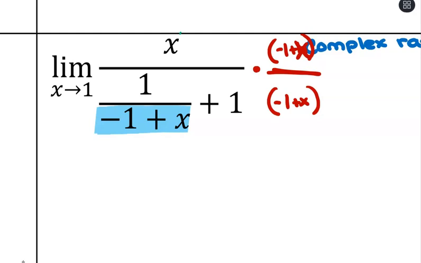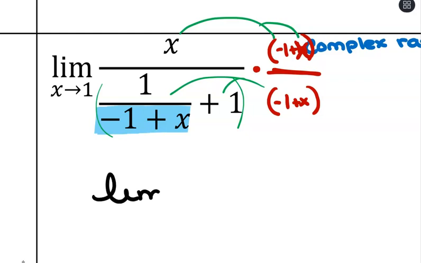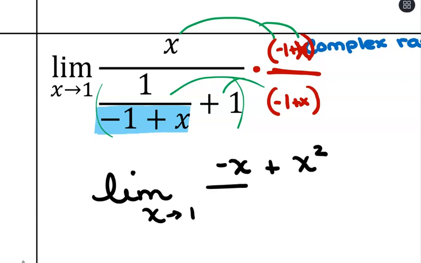So up in the numerator, we'll go ahead and distribute x into the parentheses there. And then in the denominator, this negative 1 plus x is going to distribute in as well. So step by step, in the numerator, we'll have x times negative 1 plus x times x for an x squared.